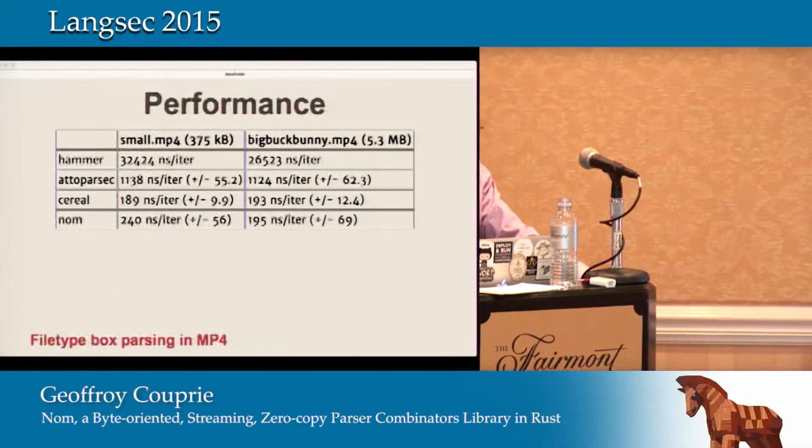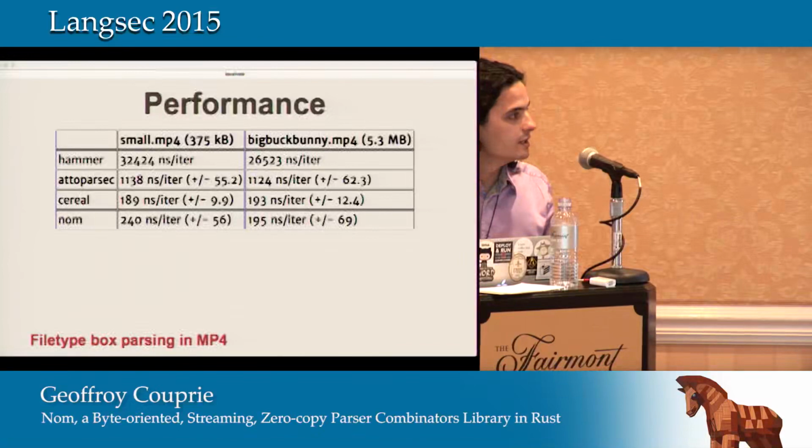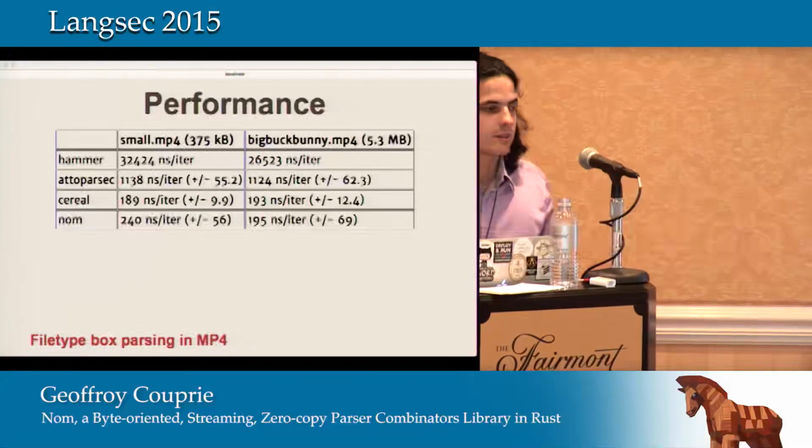If you have seen the paper, I didn't write this to see, hey, nom is the fastest parser ever. No, it's just to see where I was, and also to check where it was on the usability part. Basically, Hammer and nom were a bit hard to write. So that's why I started to work on usability and macros and everything.